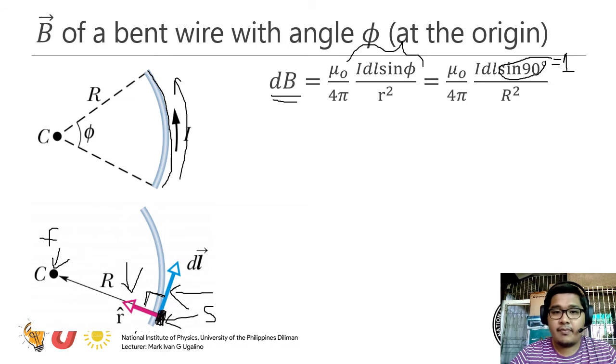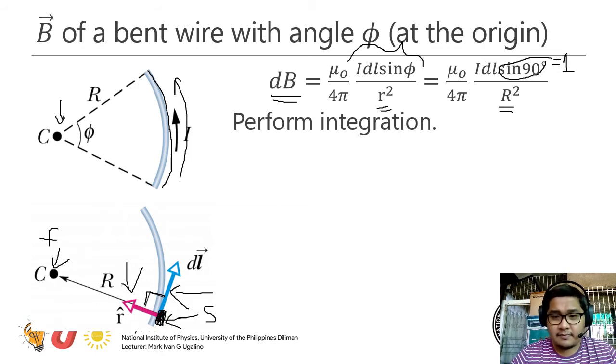Also, since we assumed C to be the center of curvature of this arc, we defined the distance R between the source point and the field point to be your capital R, which is the radius of curvature.